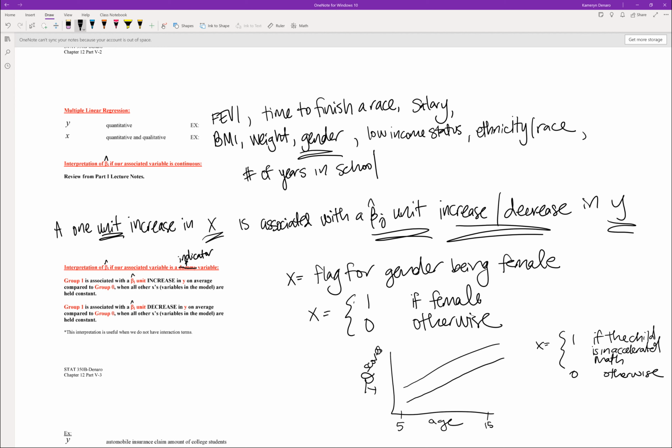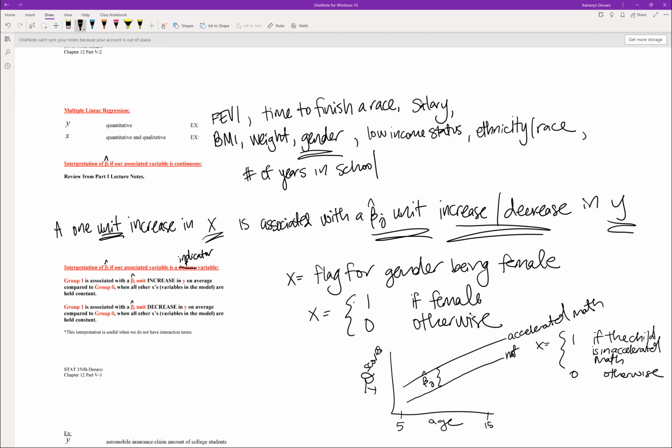These 2 lines show the difference: this is the accelerated math group, and this is not accelerated math. As age increases, IQ scores increase, but for the people in accelerated math there's this difference here, which shows the effect of being in accelerated math.